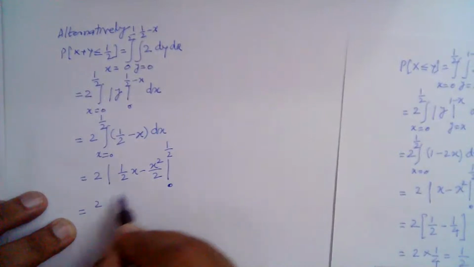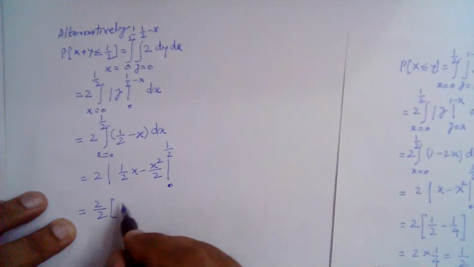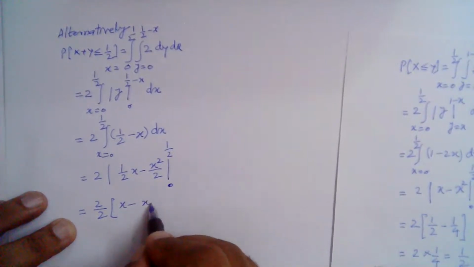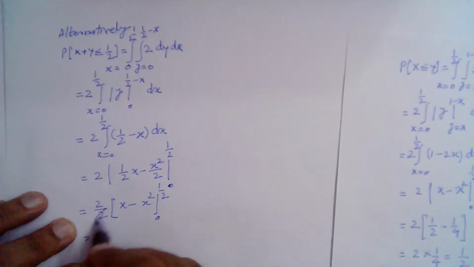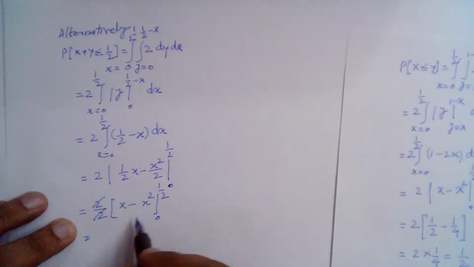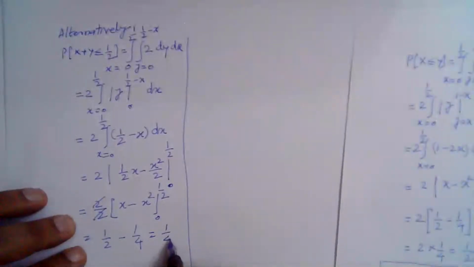So we take this 1 over 2 common outside. So this is x minus x square, 0 to 1 over 2. So basically, this is 1 over 2 minus 1 over 4. So again, this is basically 1 over 4.